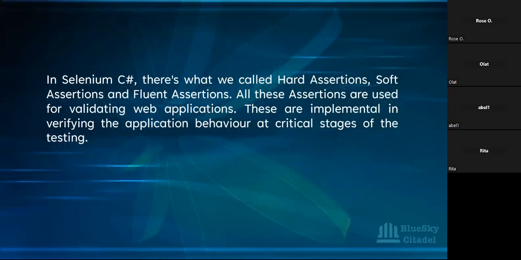In Selenium C#, there are hard assertions, soft assertions, and fluent assertions. All these assertions are used for validating web applications. These are implemented in verifying the application behavior at critical stages of the testing. What it's talking about is that we normally say, let me assert this scenario, after our Gherkin syntax, that is Given, When, Then.